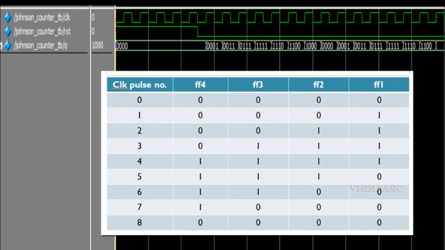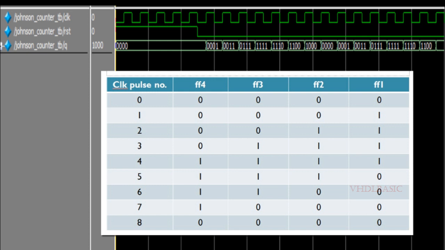truth table as well. If you see, this is the truth table of the Johnson ring counter. It starts with 0000, and then it goes to 0001, like that. It will have 8 states. Once the 8th state is completed, again it will come to the 0th state.